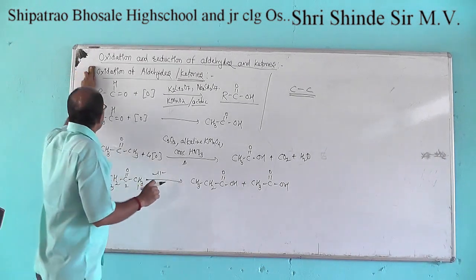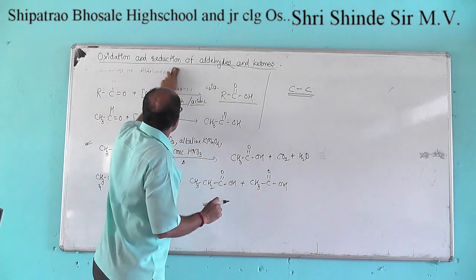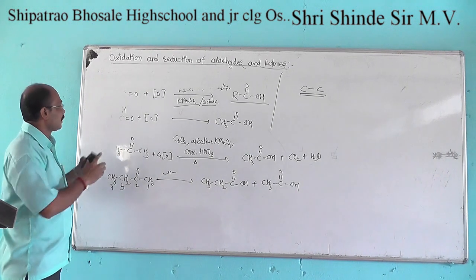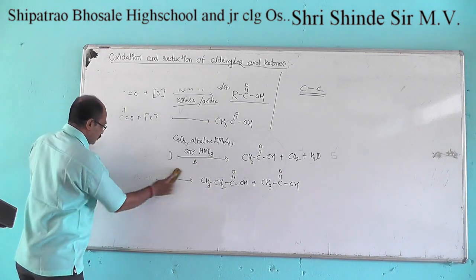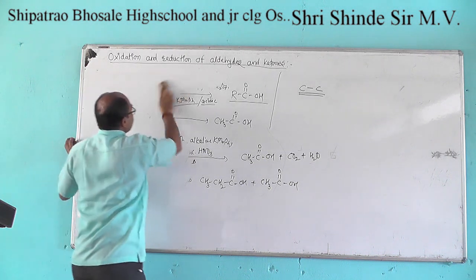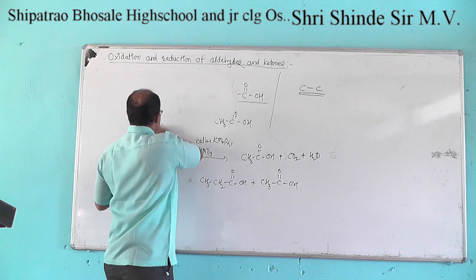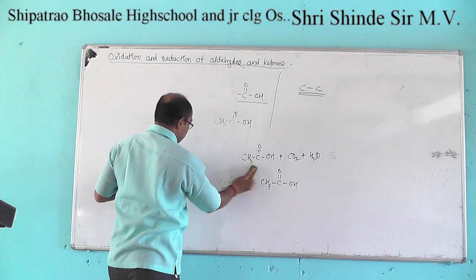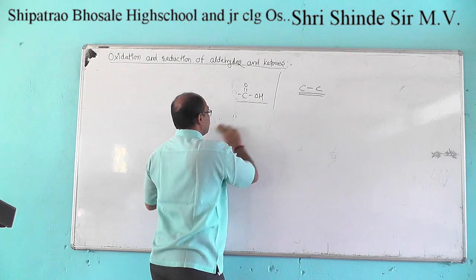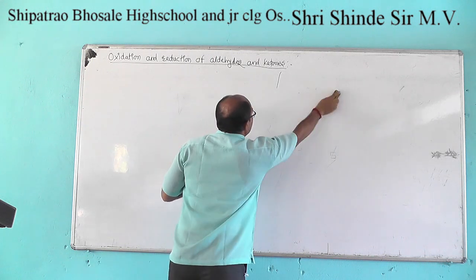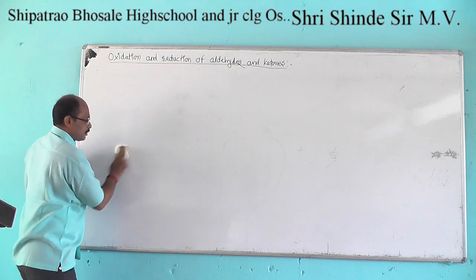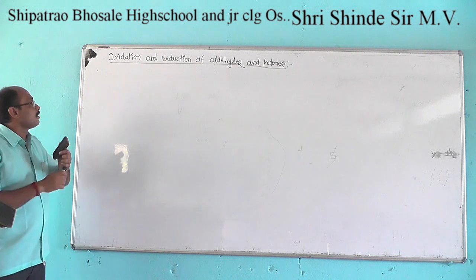Next, it is the reduction reaction of aldehydes and ketones. When we observe the reduction reactions, aldehydes as well as ketones on reduction give us the formation of corresponding saturated hydrocarbons.